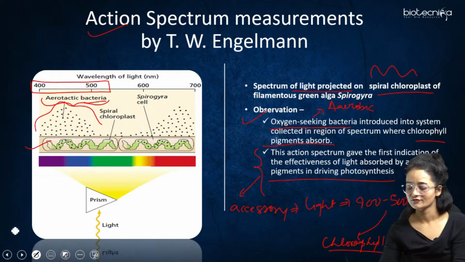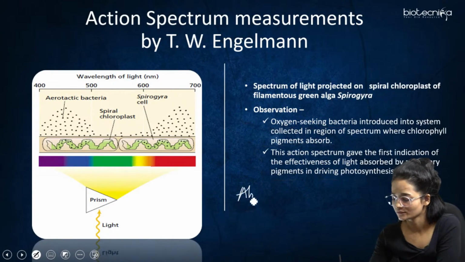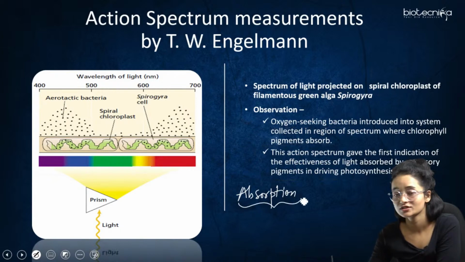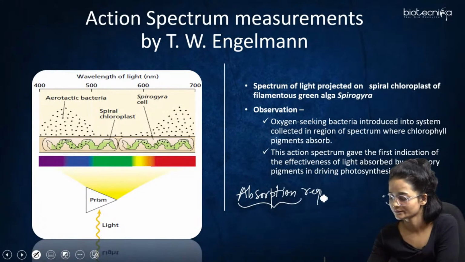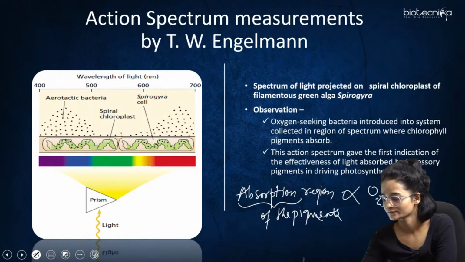So what we can infer from here is that the absorption region of the chlorophyll pigments is directly proportional to the oxygen evolution.